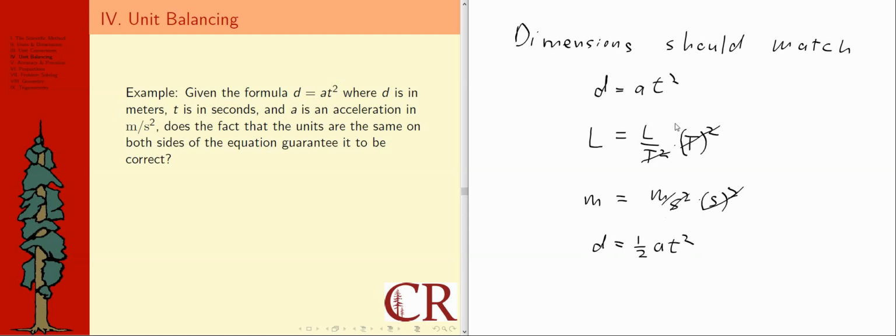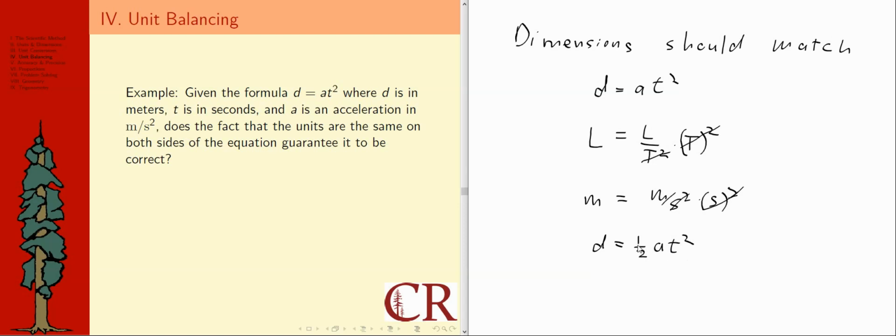And if the first person says, well, wait, but the units work, this had to be correct, I couldn't possibly be wrong, because look, the units or the dimensions all work just fine. But the second person would say, yeah, but that works fine here too, because multiplying by a half doesn't change any of this. It's still going to be length is equal to a length over time squared times a time squared, or meters per second squared times a second squared. That 1/2 doesn't change that at all.